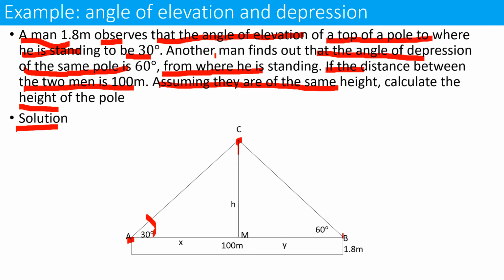Another man will be standing at B. The eye position will observe the top of the pole and make an angle of elevation of 60 degrees. But note that their height is 1.8, you include it there. So what you do is indicate AM as x, then MB as y.